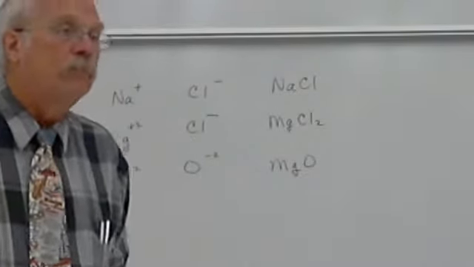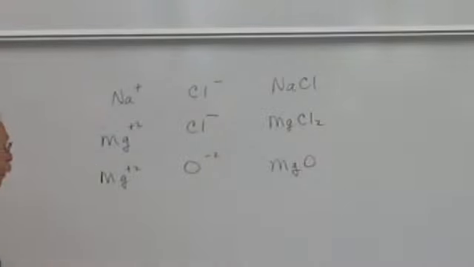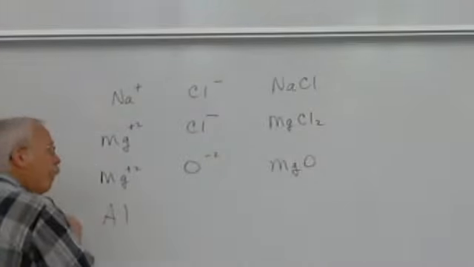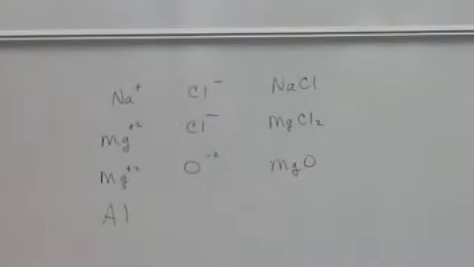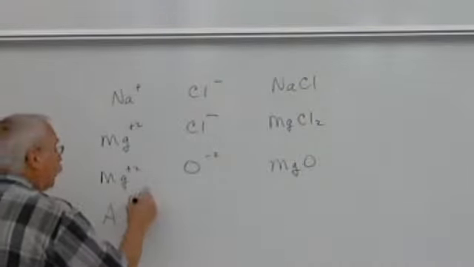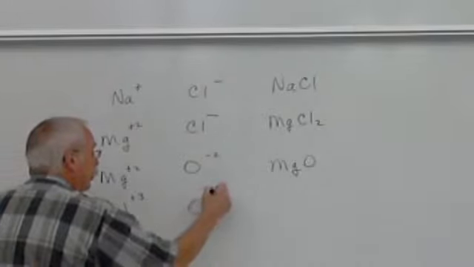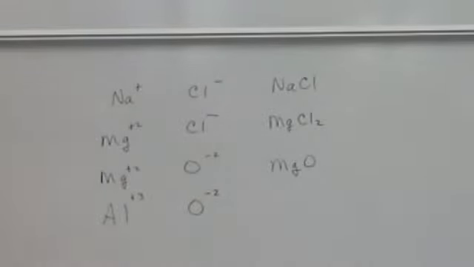Okay? So aluminum, over there in group Roman numeral 3 or group 13, looking at the last digit in that 13, has 3 valence electrons. So what will it do? It'll lose 3 electrons and become a +3. If I want to pair that up with oxygen, which has a -2, ooh, now the math becomes a little harder.